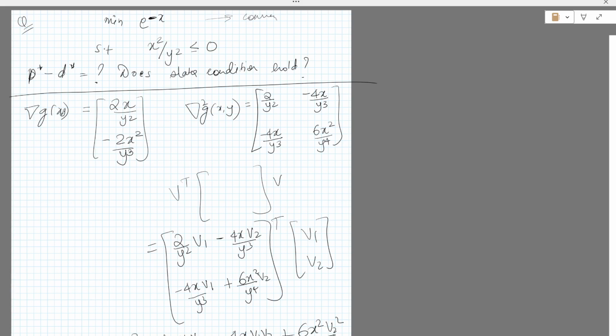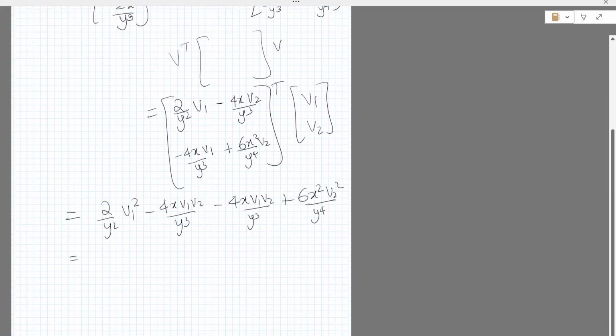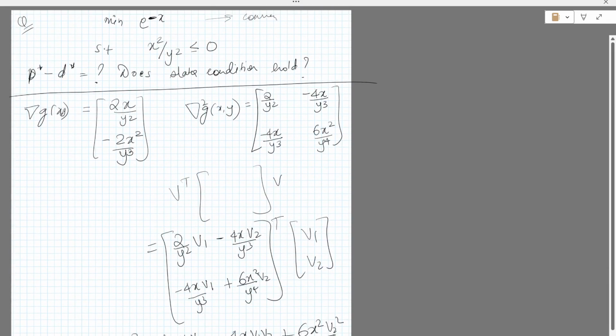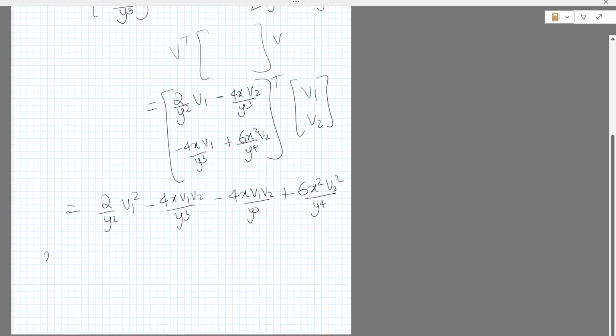Okay. But what we can see is x squared by y squared less than or equal to 0 implies that x squared is equal to 0.